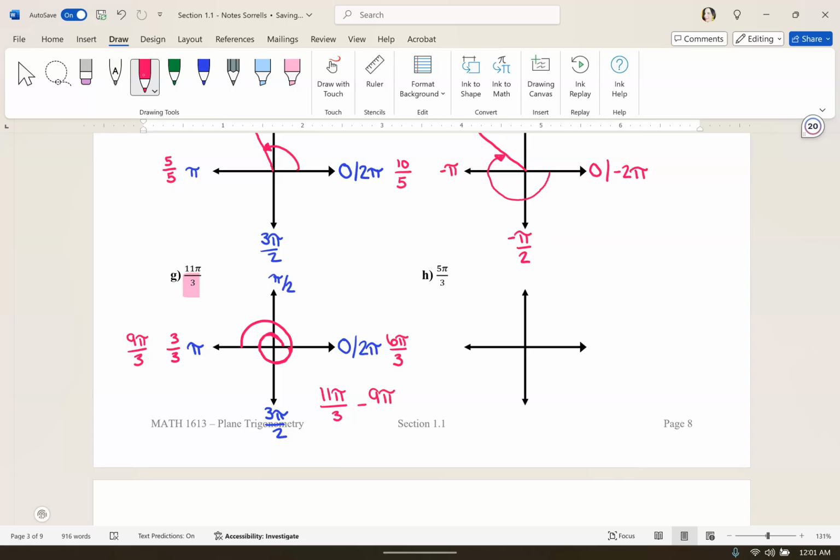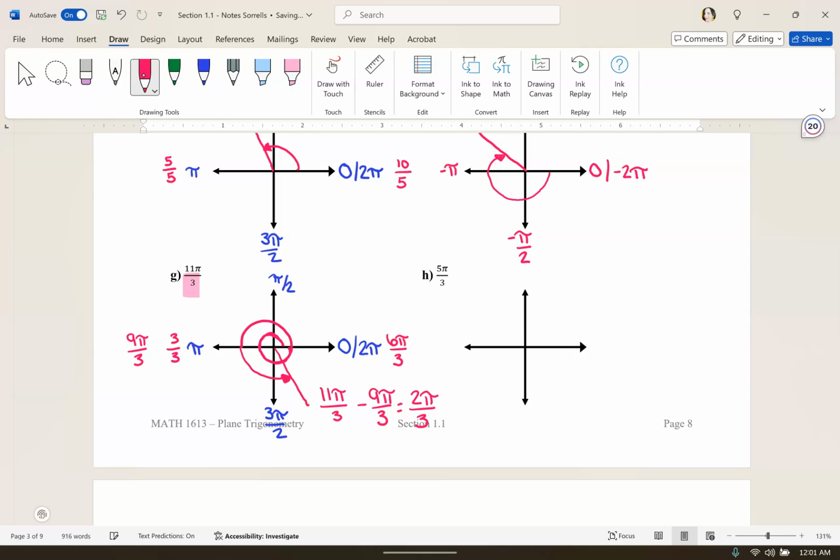Those 3 radii, yeah, just the 9 pi over 3. So we've subtracted out 3 pi. Well, now I'm sitting at 2 pi over 3. So from this, 2 pi over 3 will be in this quadrant.